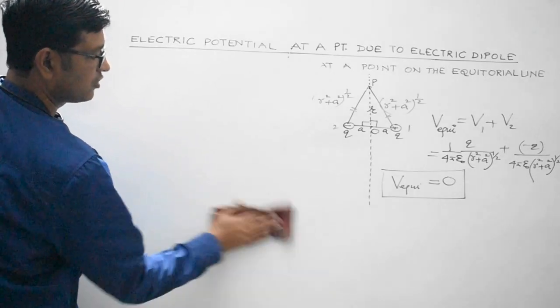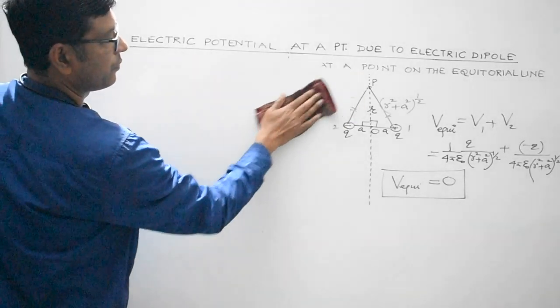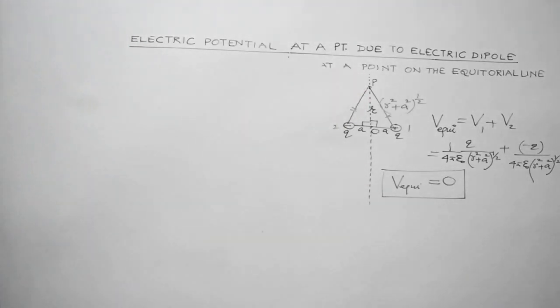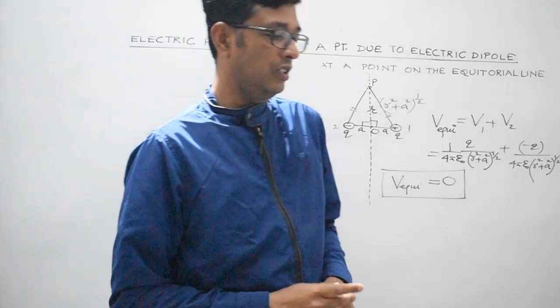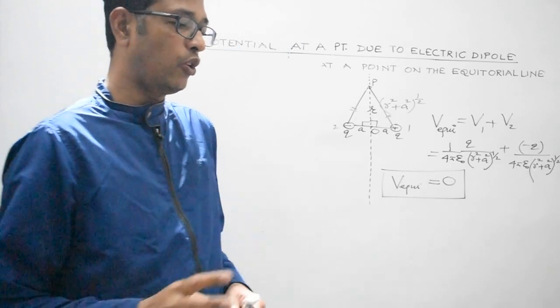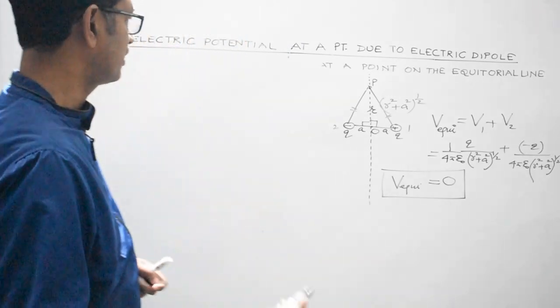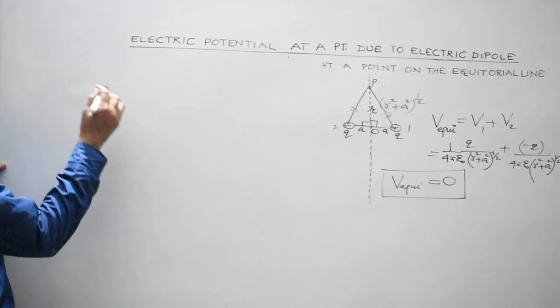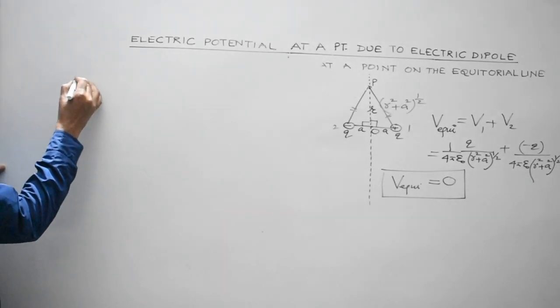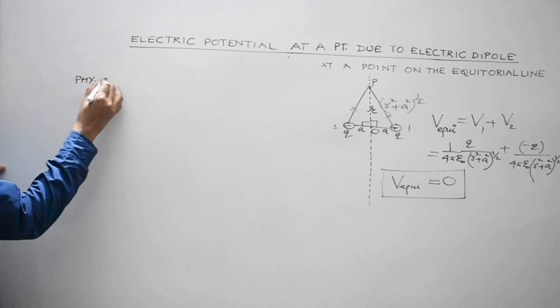Now you can prepare this chart. We have discussed electric field and electric potential for a point charge as well as for an electric dipole. This is the physical quantity; you can prepare this chart.